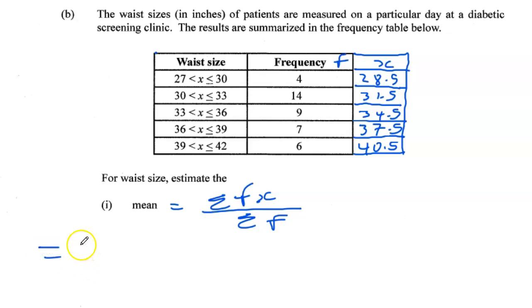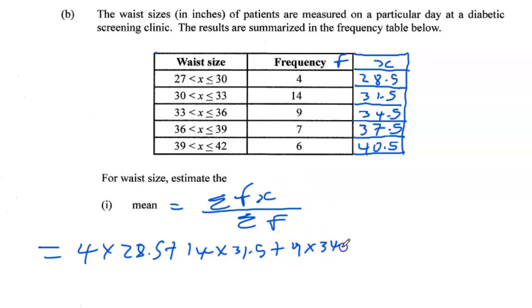So the sum of fx is 4 times 28.5 plus 14 times 31.5 plus 9 times 34.5 plus 7 times 37.5 plus 6 times 40.5.